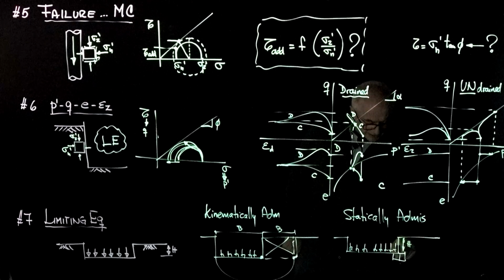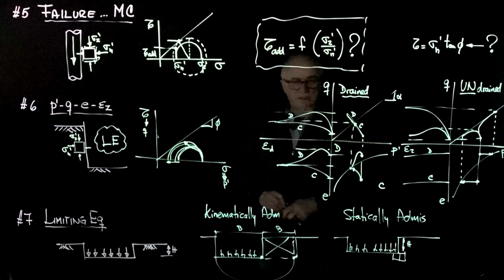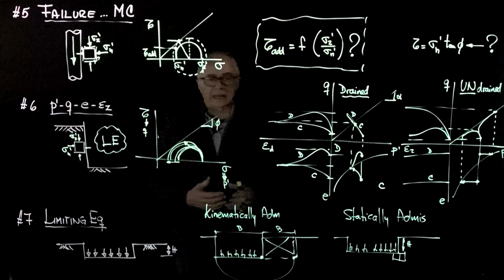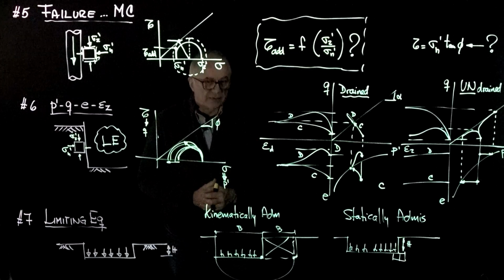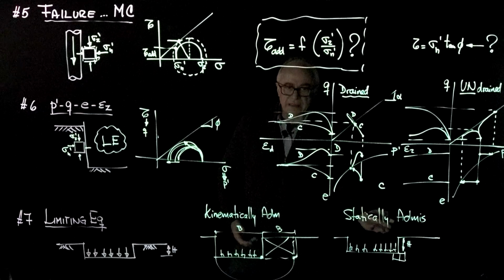So you start with that one, and you're going to add 2Su, which is the diameter of a circle, 2Su to get to the horizontal, and then you're going to add 2Su more to get to the q ultimate. So q ultimate is going to be 4Su plus gamma h. Verify that this is the case, and check whether one is an upper bound and the other one is the lower bound.